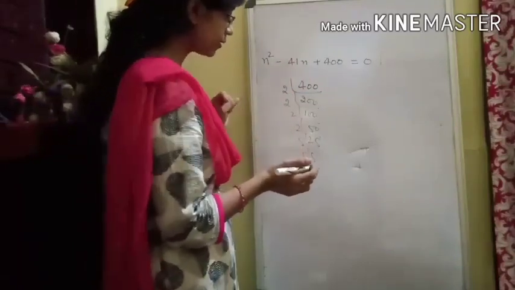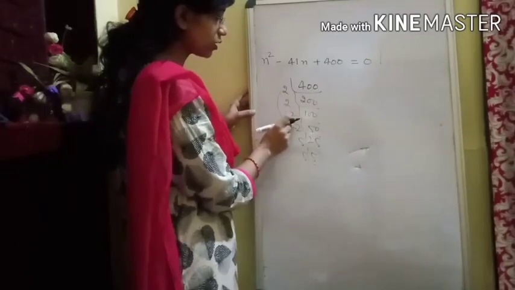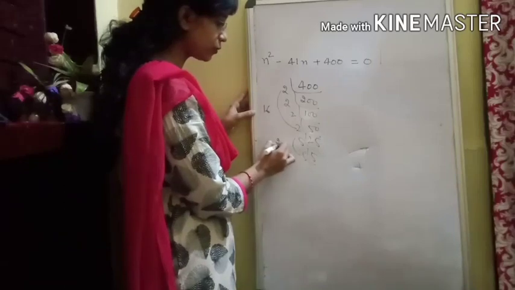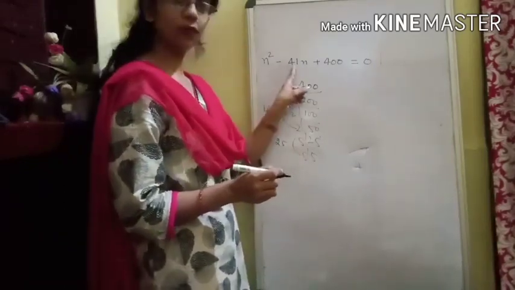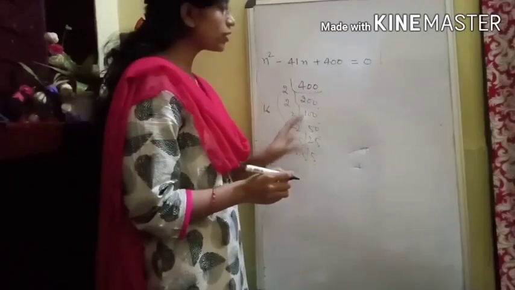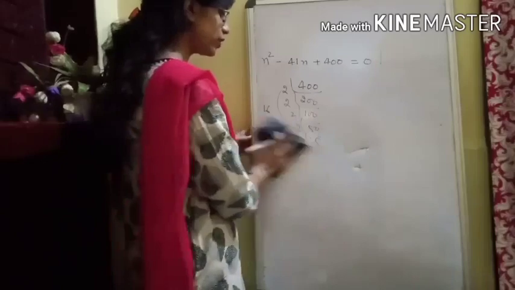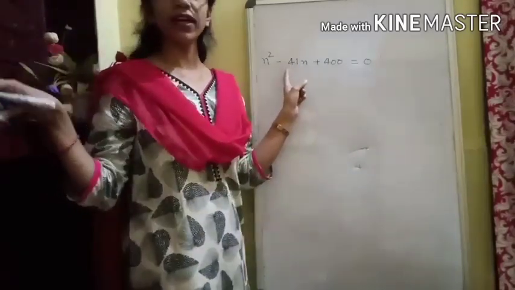So let's take, you take these all terms, that is 2 into 2 into 2 into 2, that would be 16, and here it would be 25. So 16 plus 25 will give you 41, and 16 into 25 will give you 400. So it is coming 16 and 25. But we do not want plus 41, we want minus 41.